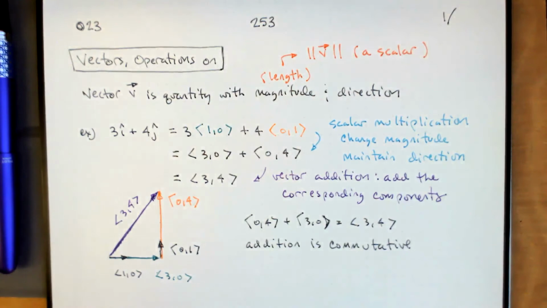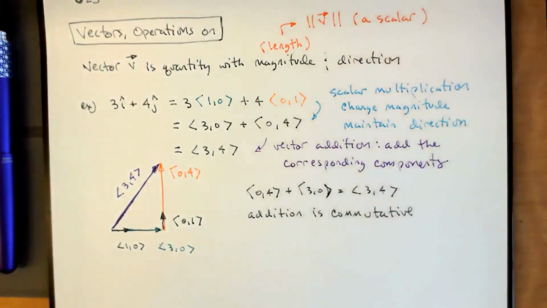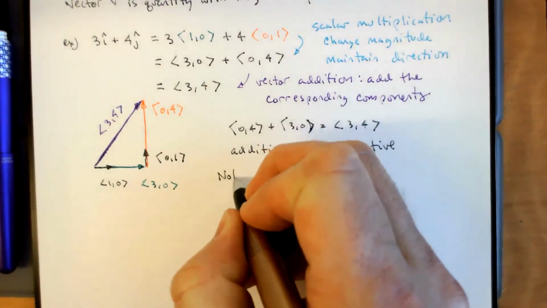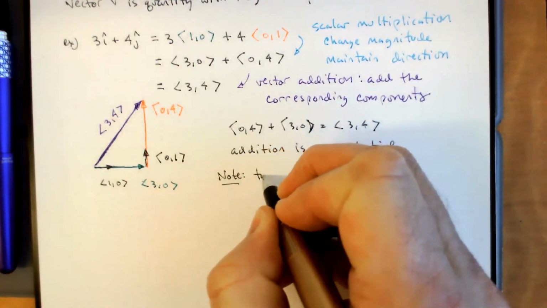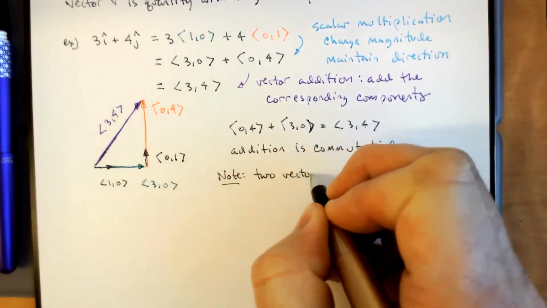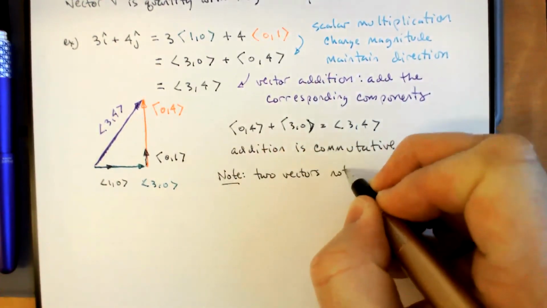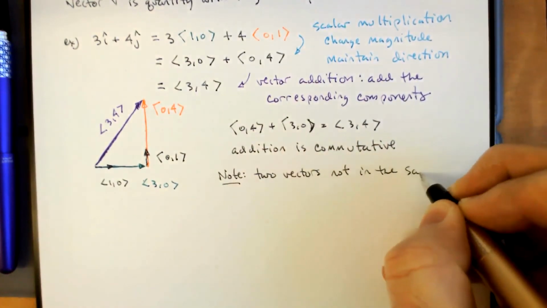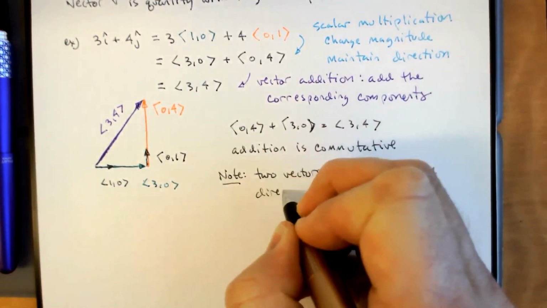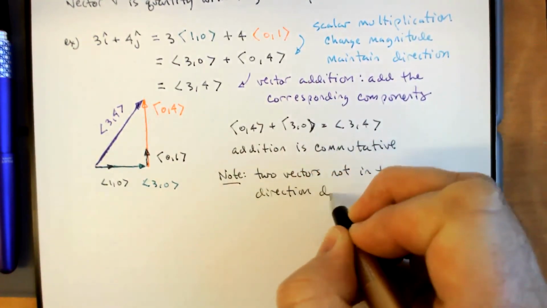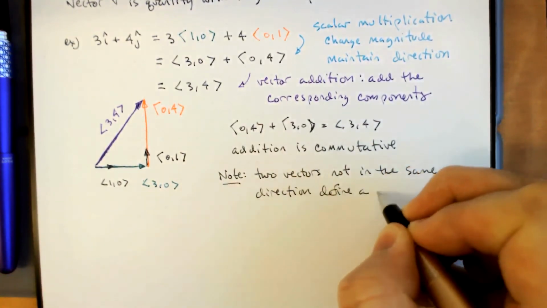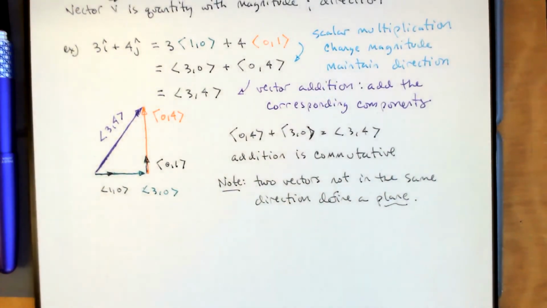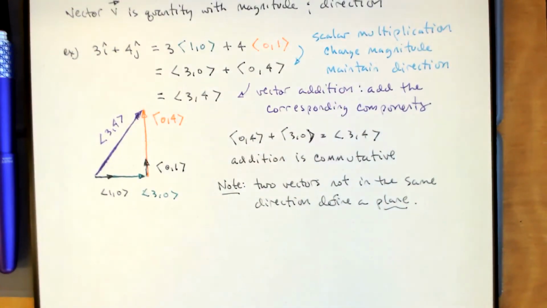And note, 2 vectors not on the same line define a plane. Two vectors that are not going in the same direction define a plane.